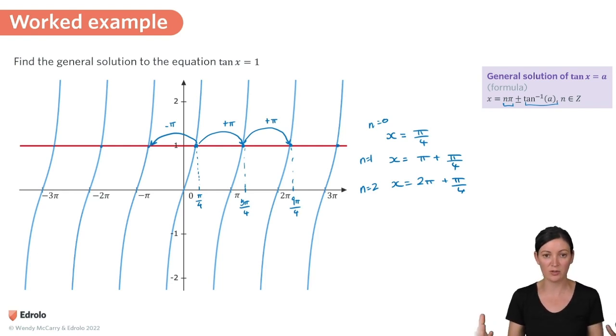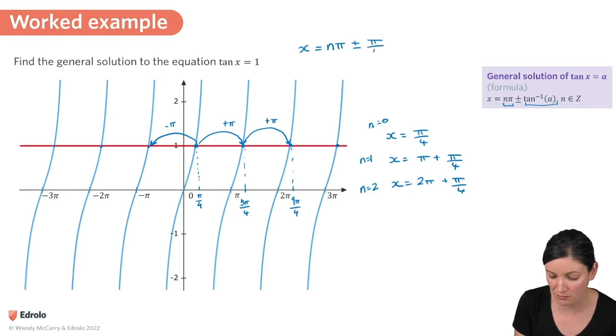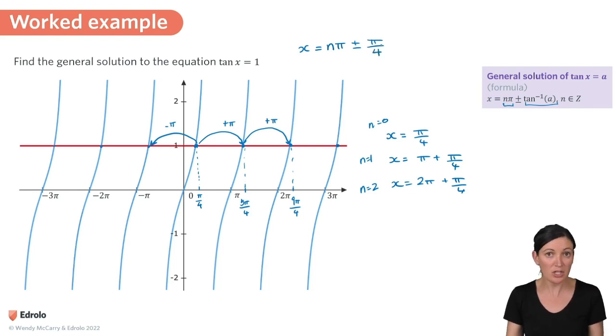So that's where my general solution comes from. So if I was going to answer this question as a general solution, what I would say is x is equal to n pi plus or minus pi on 4 radians. And that's my general solution to this equation.